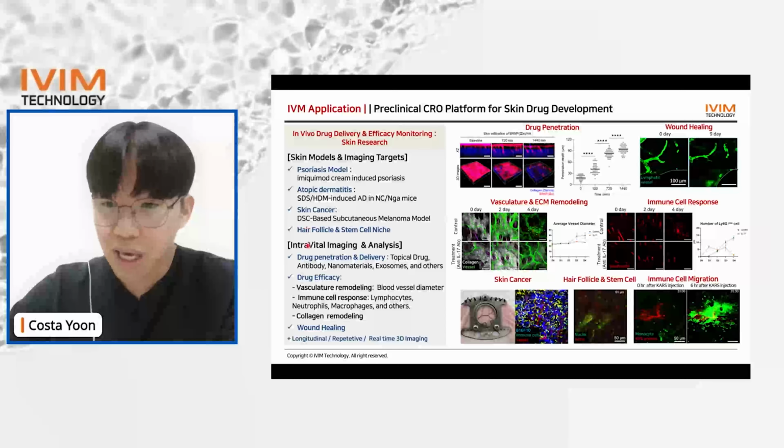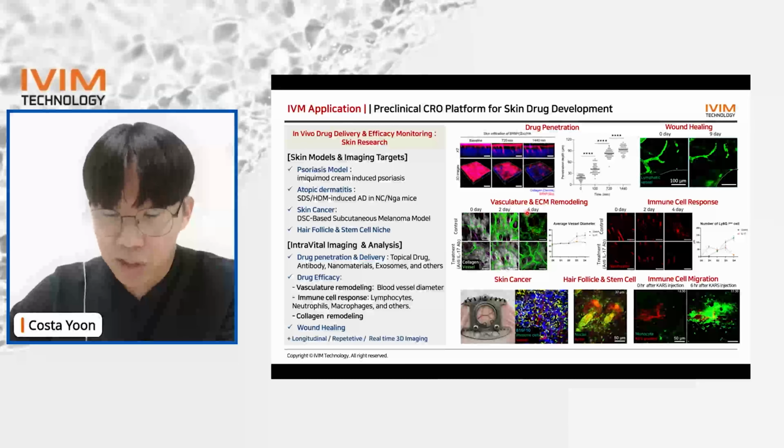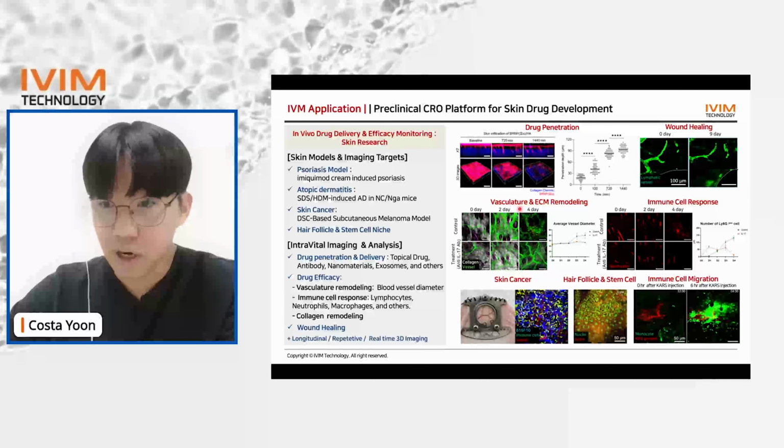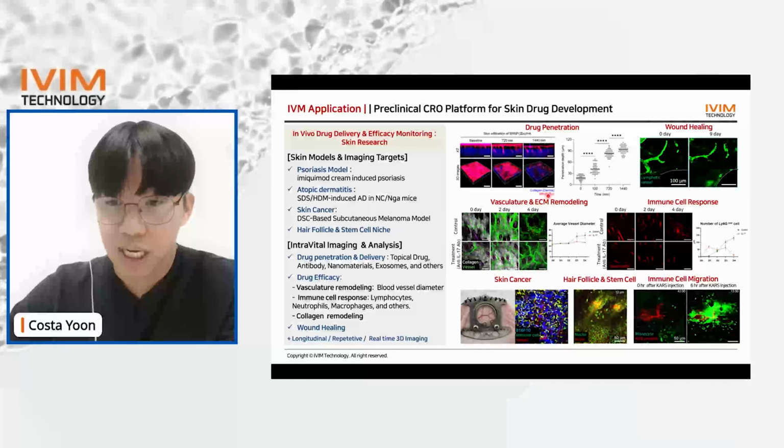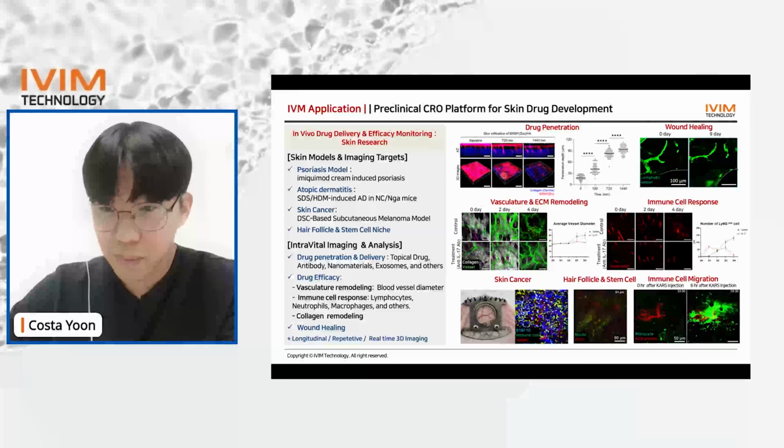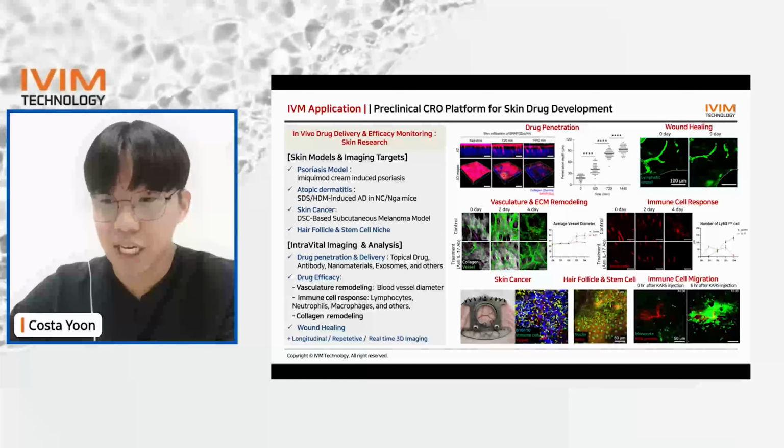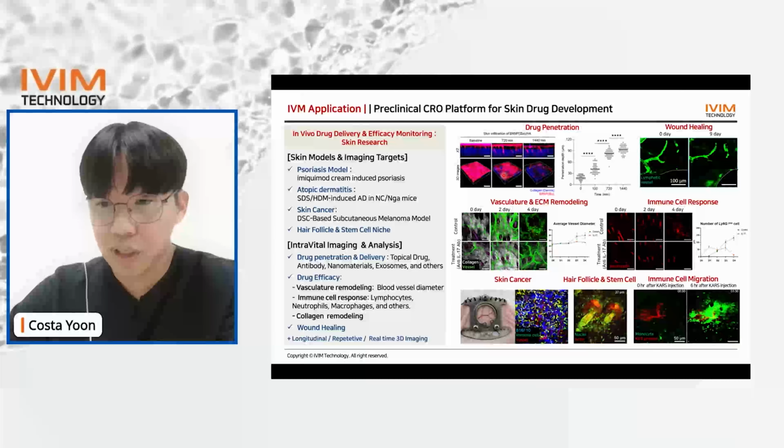And for PK analysis, intravital imaging allows us to evaluate the skin penetration and biodistribution of therapeutic agents designed to overcome the skin barrier. In addition, SHG signal enables label-free visualization of the dermis, allowing us to determine drug penetration depths and localization more accurately.